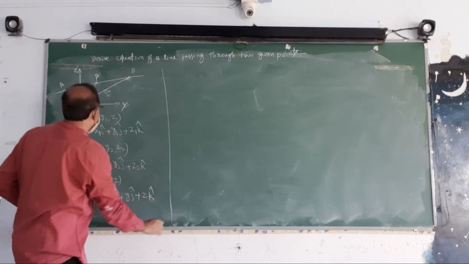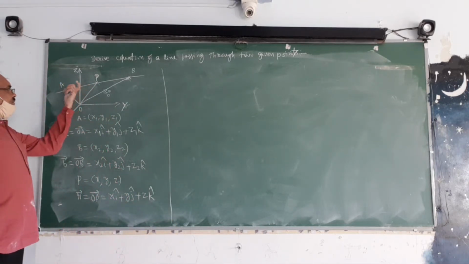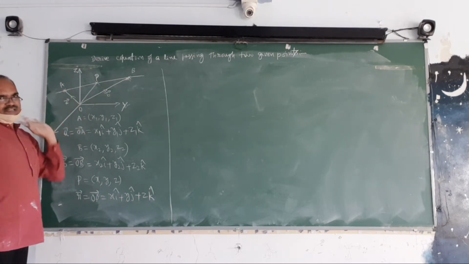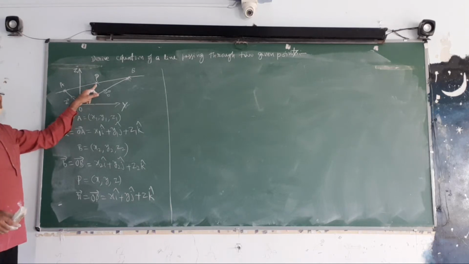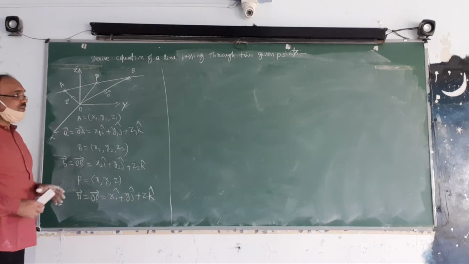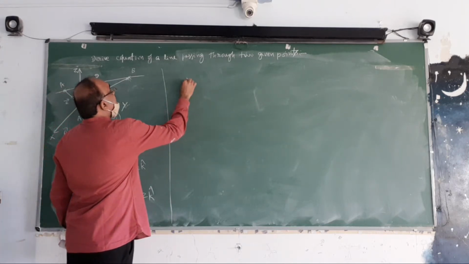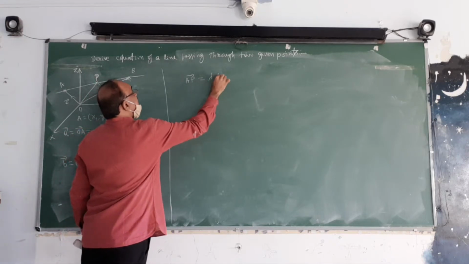You consider first of all, you know 2 points, A and B are fixed. P is somewhere in between. What does it mean? Its magnitude is changing, but the direction is same. So the first equation you can write is vector AP equals lambda times vector AB.